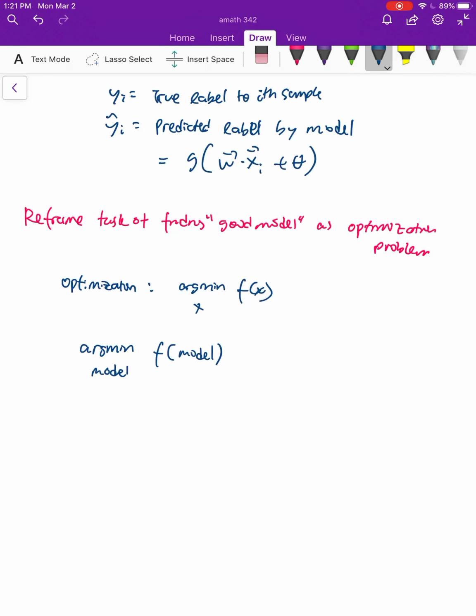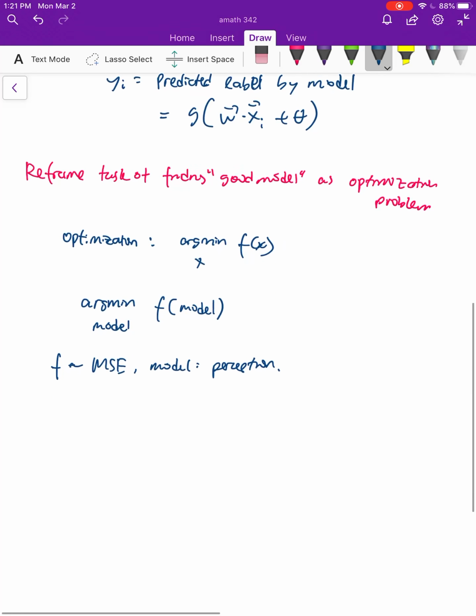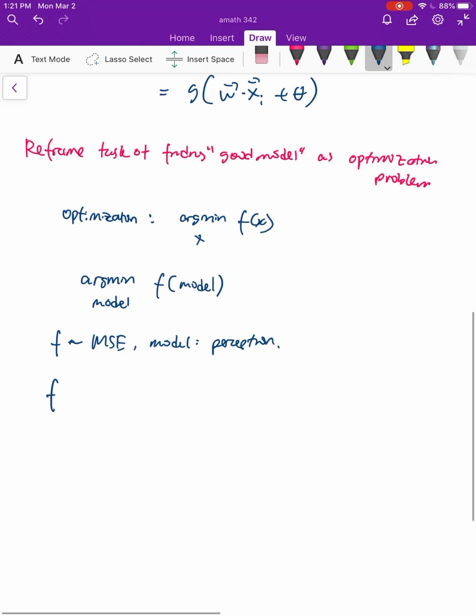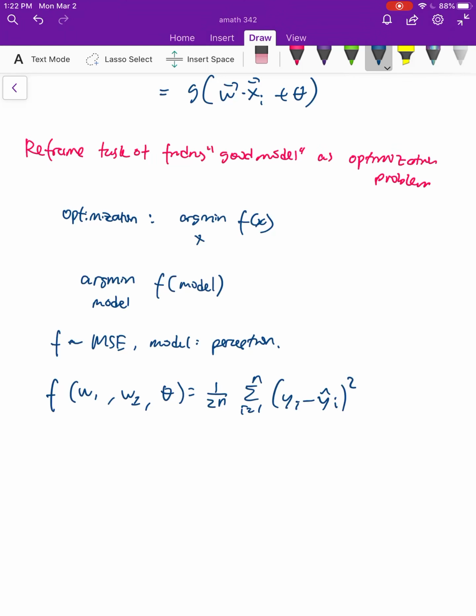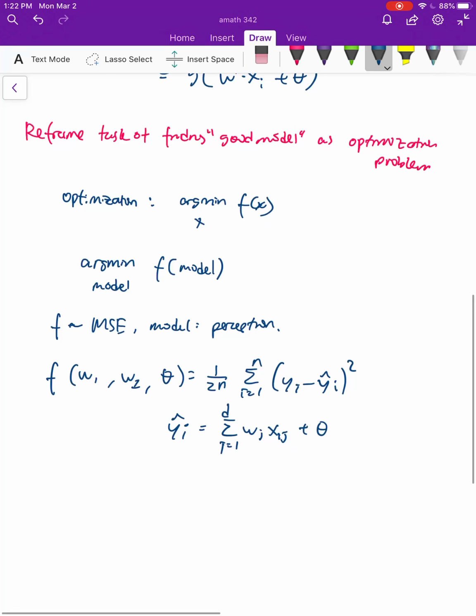But more formally, if f is MSE and we use the Perceptron model, then we are trying to minimize this function, whereby if we just have two dimensions in our input vectors, then our f, the MSE, is just this, which we previously wrote, yi minus the sum over j equals 1 to d of wj xij plus theta, where d is the dimension.